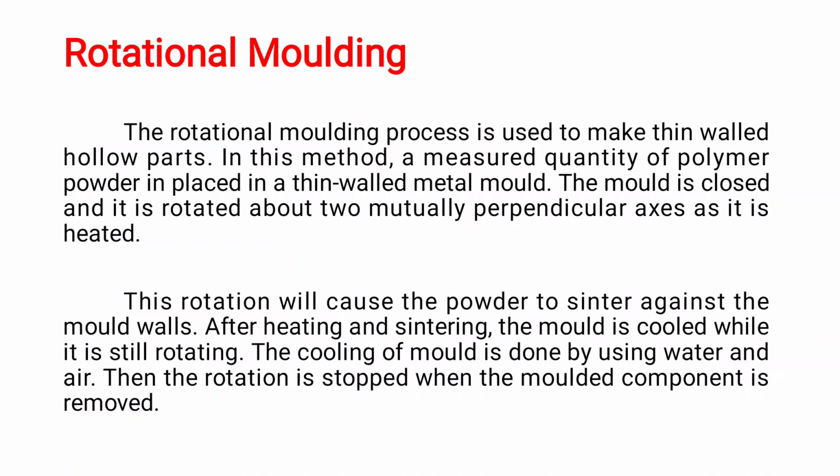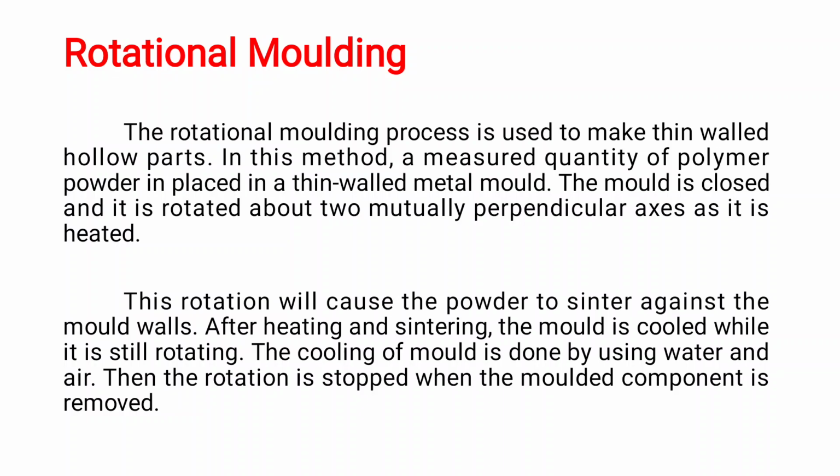And next one, rotational molding. The rotational molding process is used to make thin-walled hollow parts. In this method, a measured quantity of polymer powder is placed into a thin-walled metal mold. The mold is rotated about two mutually perpendicular axes as it is heated.